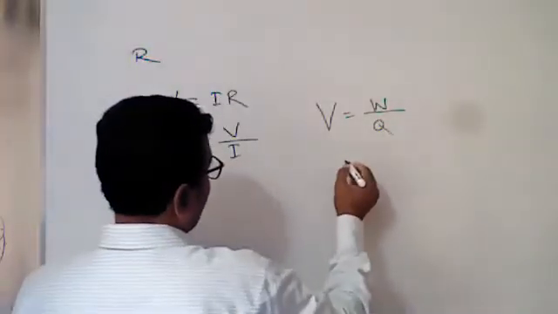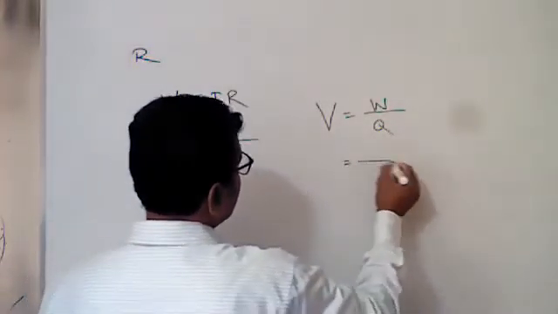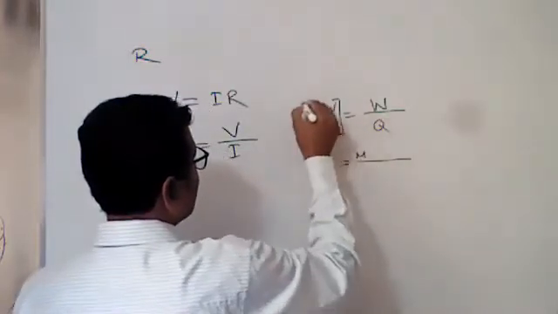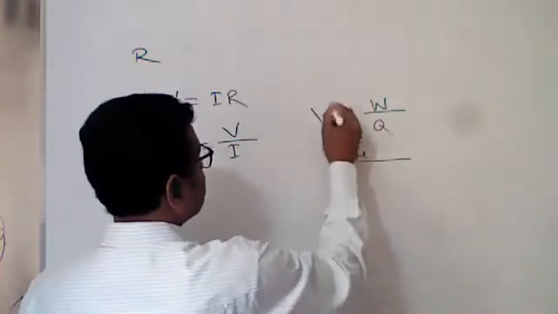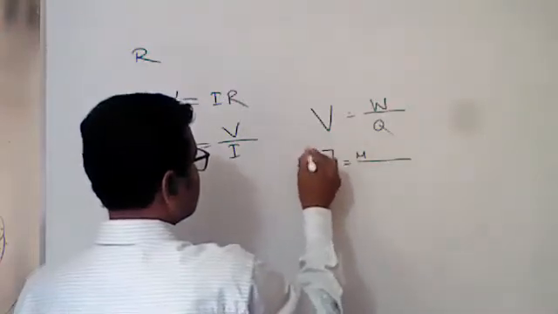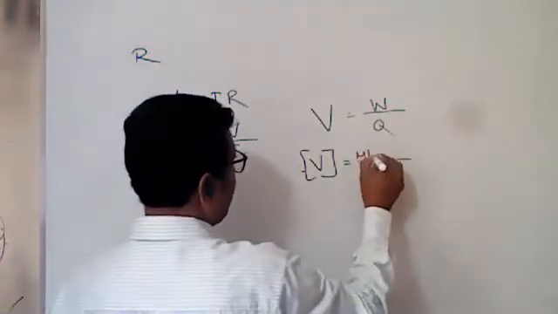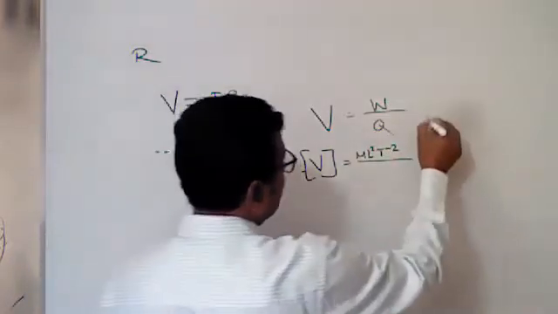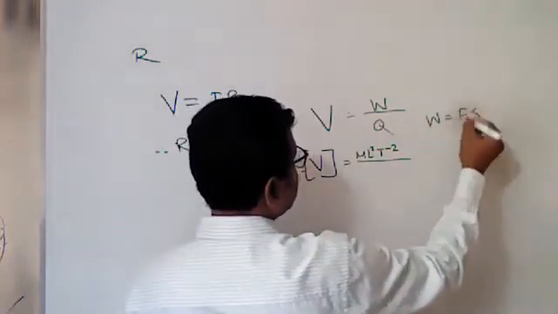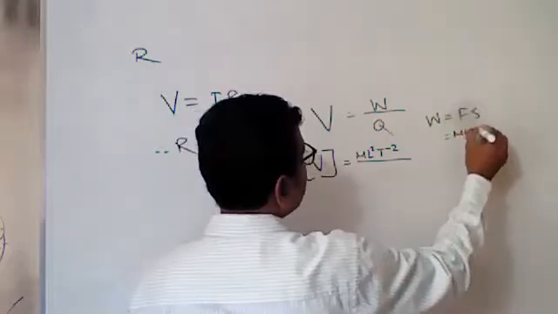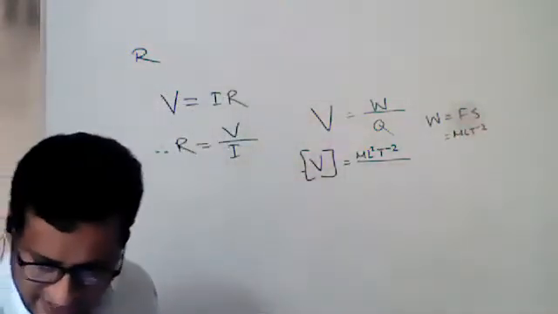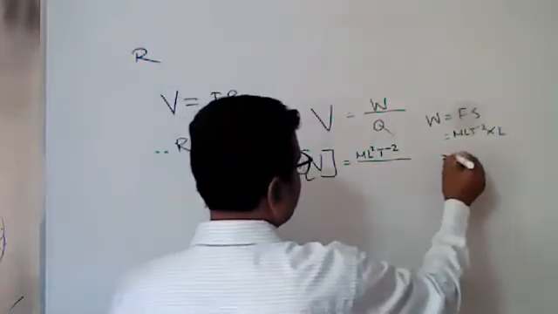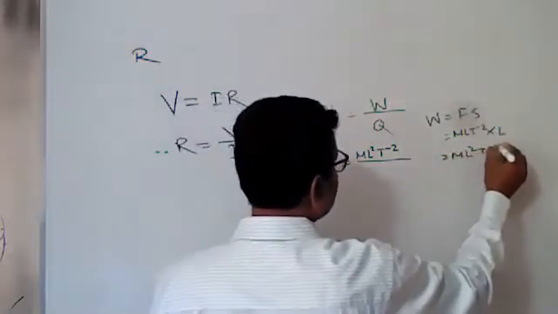The dimension of work is M L square T inverse 2, because W equals F s. M L T inverse 2 is the dimension of F and the dimension of s is L, so we can write M L square T inverse 2.